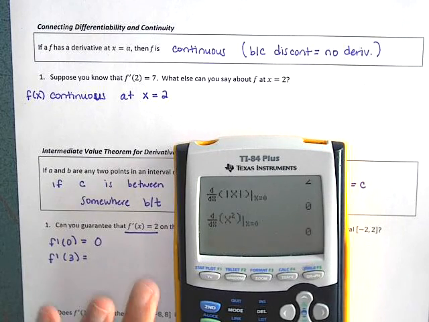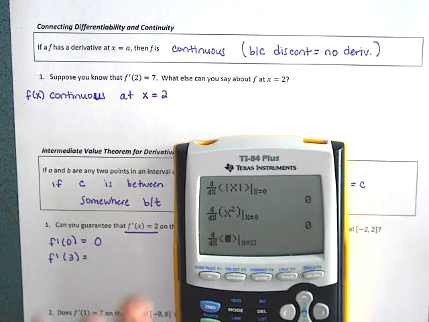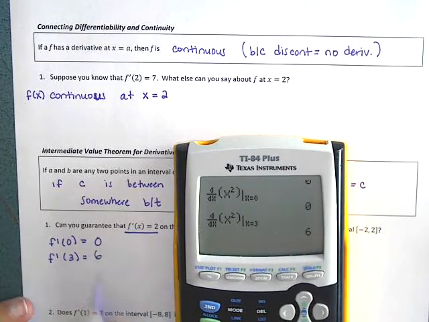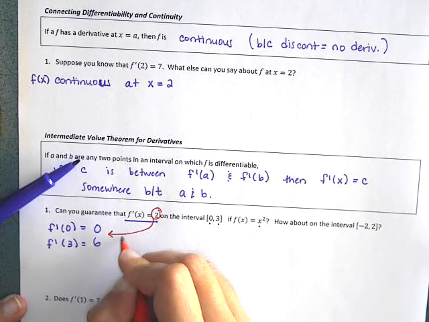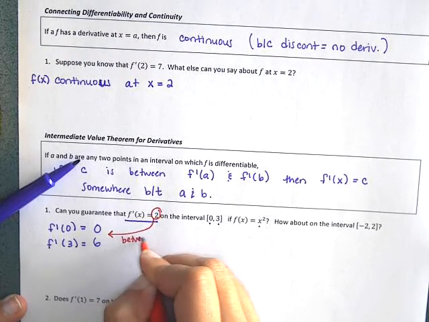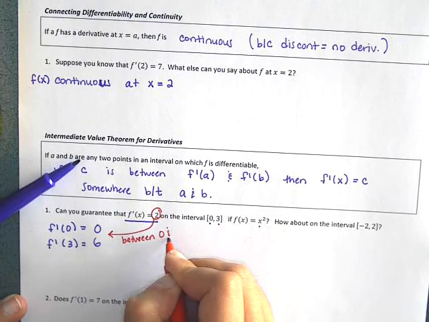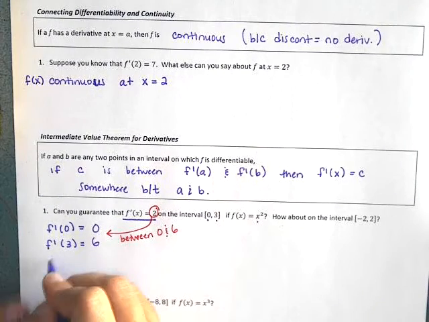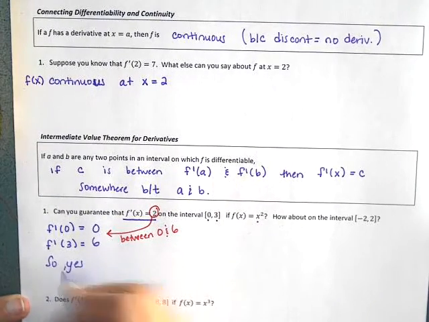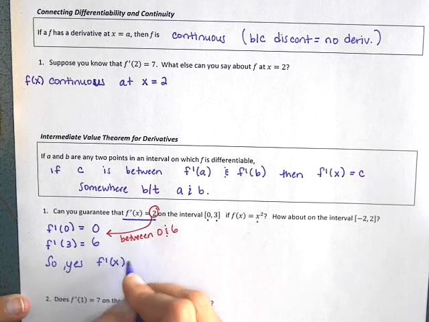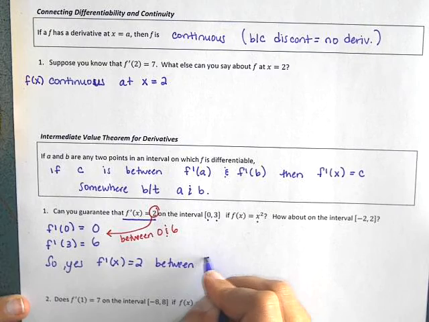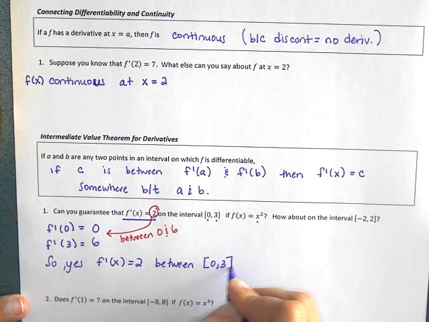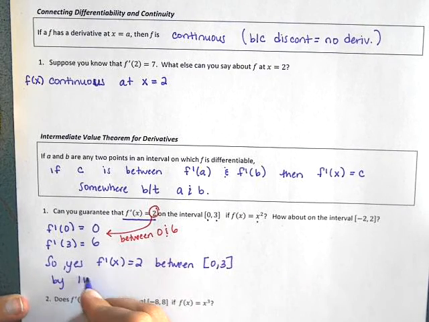I'm going to do the same thing, math option 8, my function is x squared. I'm going to get the derivative at 3, and I get 6. The number 2 is between 0 and 6. So yes, the derivative has to equal 2 between 0 and 3 by the intermediate value theorem.